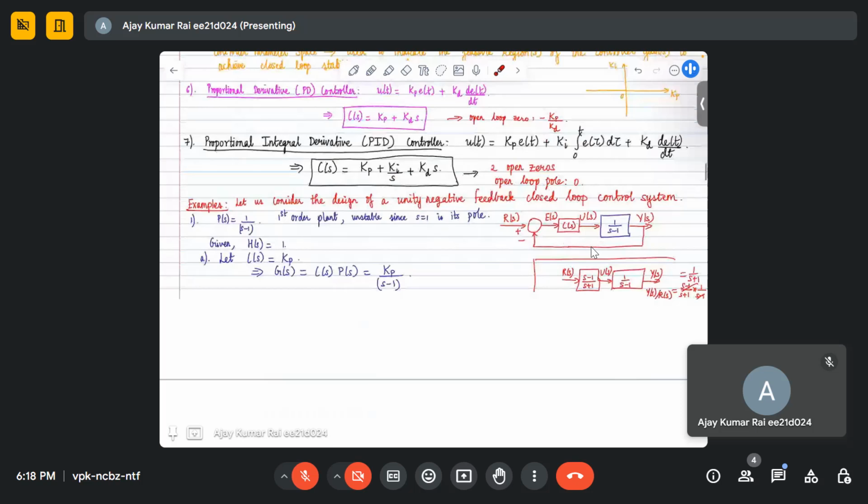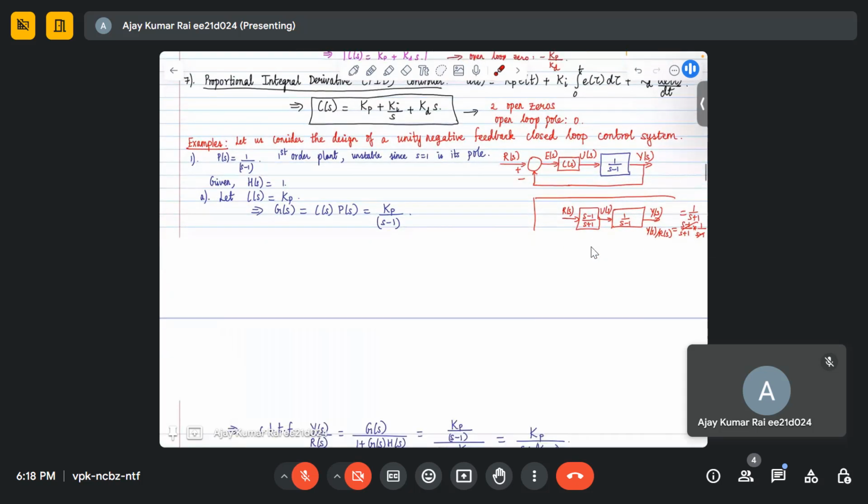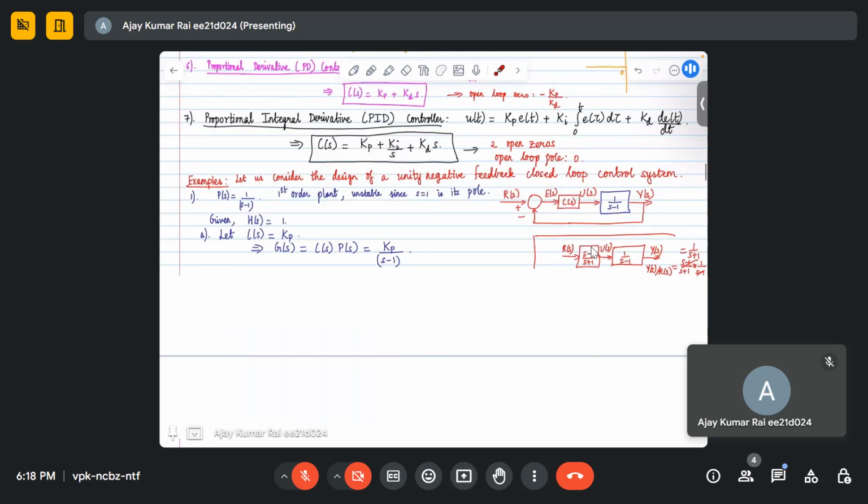We have seen that for a particular transfer function, if we add different types of controllers, how the closed loop system looks. This is a very important question. The plant transfer function is already unstable because, if you see the denominator, it is s minus 1. This is the characteristic equation and the pole lies in the right half plane, so the plant is unstable.